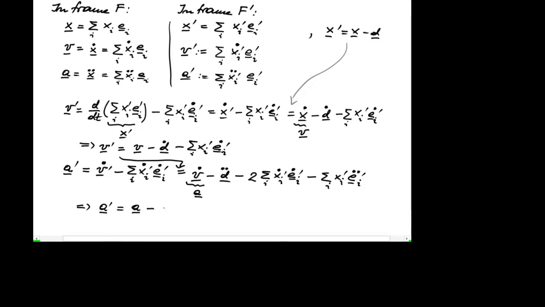minus the second order derivative of the distance vector between our reference frames, minus 2 times the sum over i of xi prime dot ei prime dot, minus the sum over i of xi prime ei prime double dot.